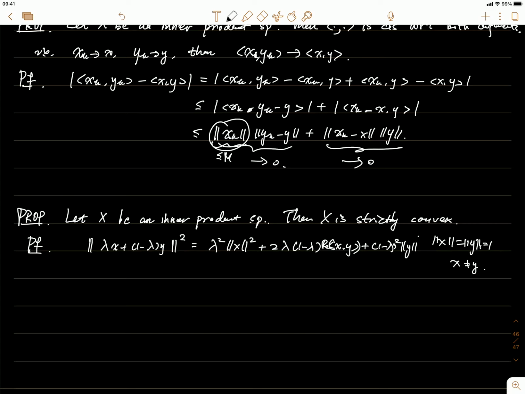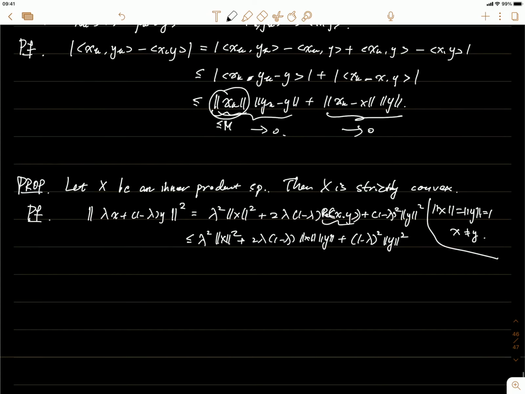Okay, then we have this. And this part, by the Cauchy Schwarz inequality, is less than the product of the two norms, which is this. Then we also have the 1 minus lambda square y square. Now because this norm is equal to 1, these are equal to 1. So what do we have left?